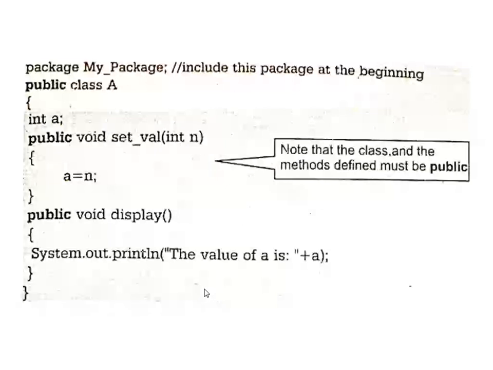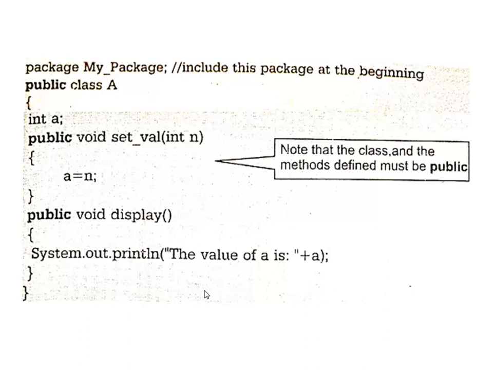Initially we are declaring one package, and for that we have used the keyword package, and the name of the package is my_package. In this, I have created one class having public access specifier, in which I have declared a variable named a, which is of integer type.